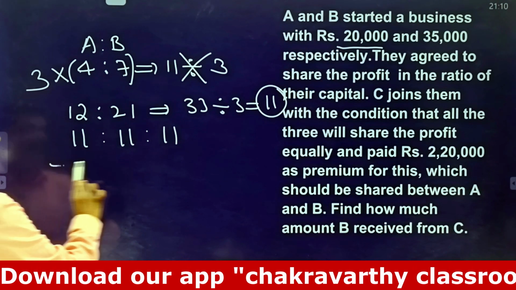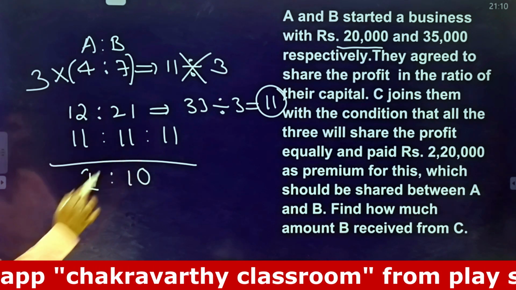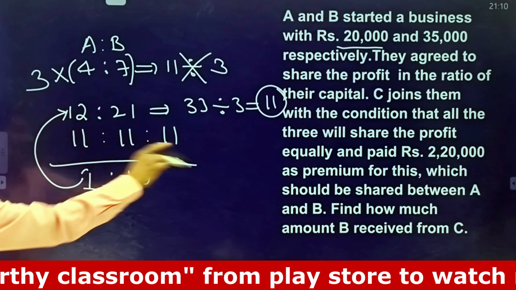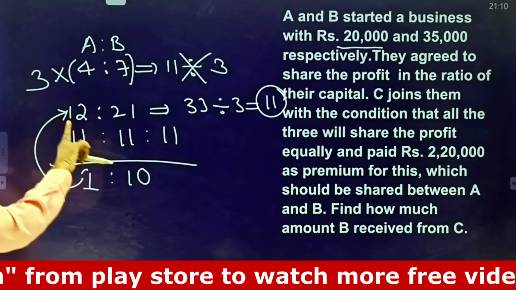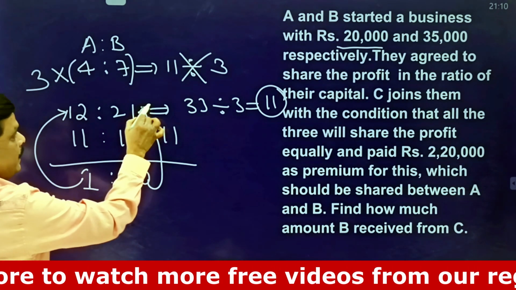Here 12 minus 11 is 1, then 21 minus 11 is 10. Now C has to pay 1 part to A, and C must pay 10 parts to B. That's it.